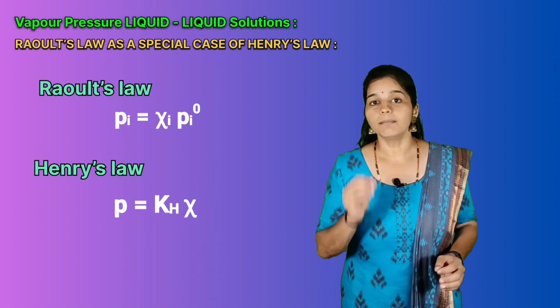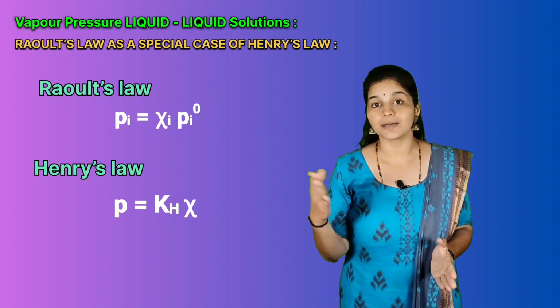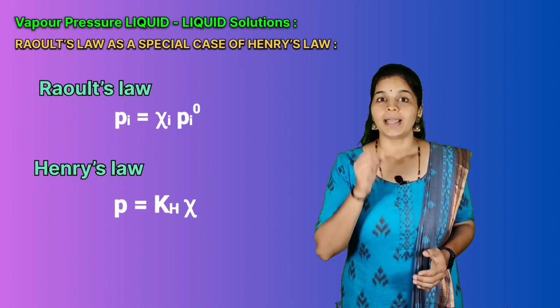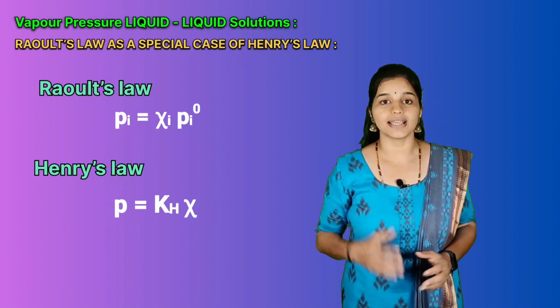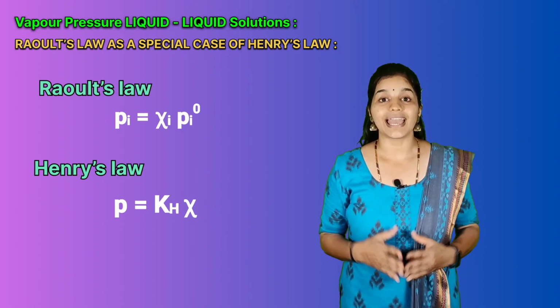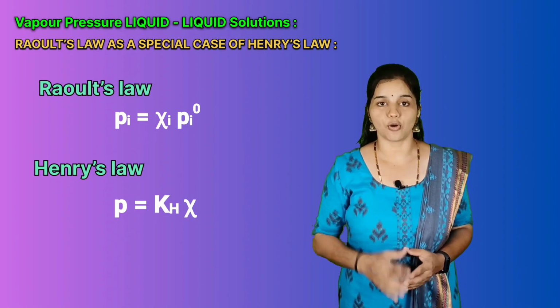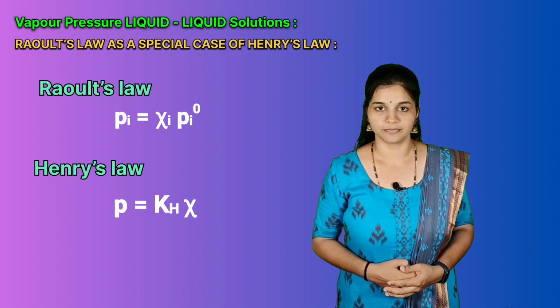Kh differs from P1 naught, and when Kh becomes equal to P1 naught, the mathematical expressions for Raoult's law as well as Henry's law become equal. So, we can tell that Raoult's law is a special case of Henry's law.